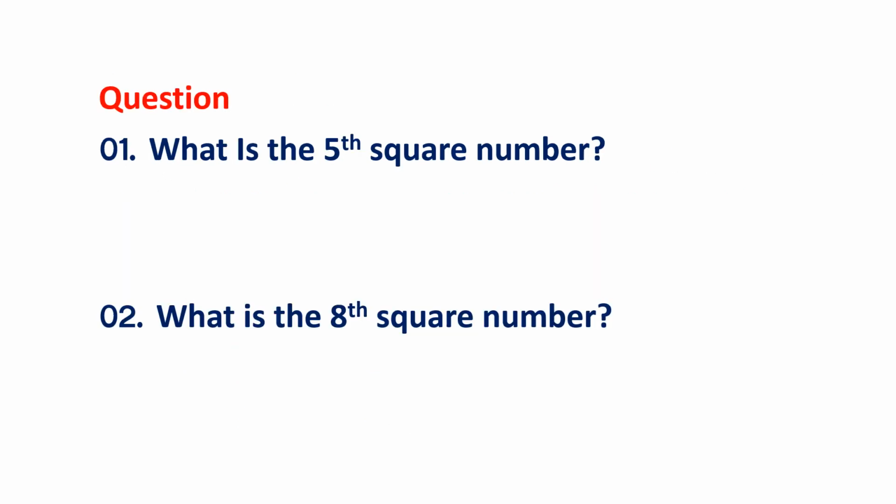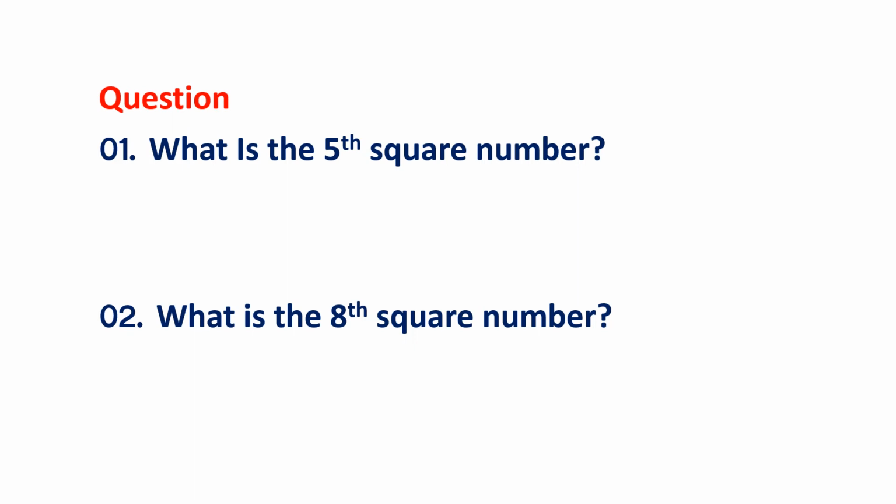Right. Once again, we'll move on to a question. Now I told you that when you multiply a whole number by itself, we can obtain a square number. So when I multiply 1 by itself, we get the first square number. Then when you multiply 2 by itself, you get the second square number.